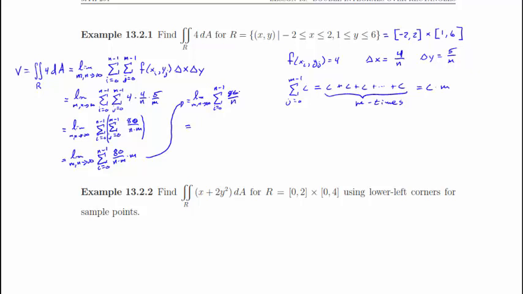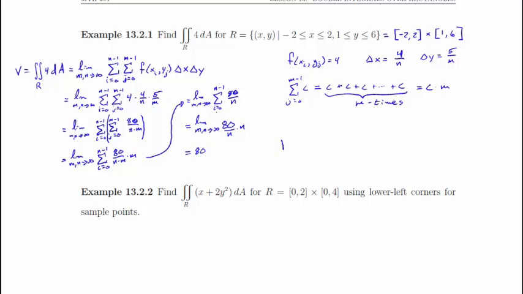If I add 80 over n to itself n times, we just get 80. Now we have no variable left, and the limit of a constant is just itself. So we get 80.